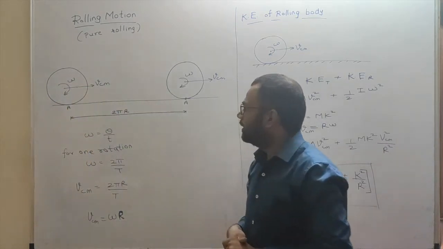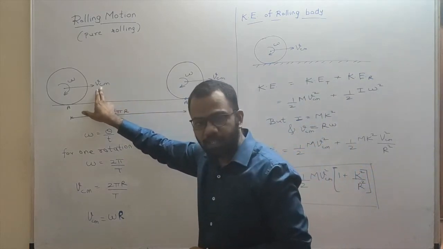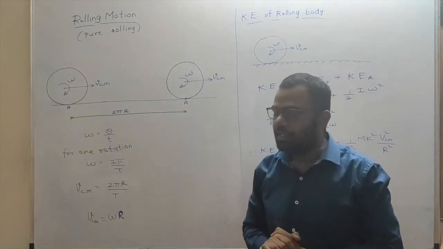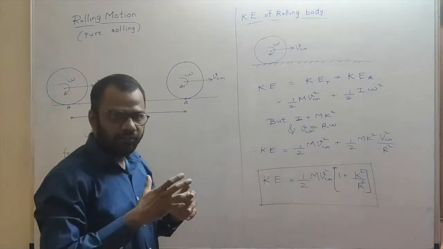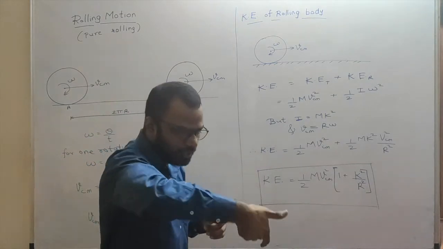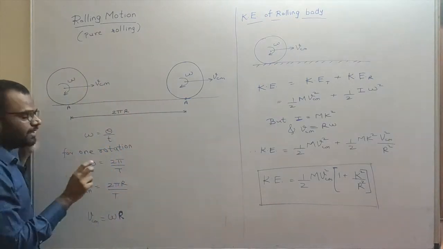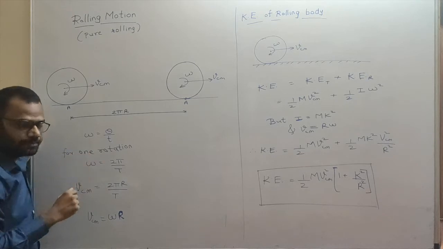Now let us find out the relation between the velocity of center of mass and the angular velocity of the object. Since it is pure rolling, let us see where the object will be after it completes one rotation. Let us say that A is a point marked on the object.